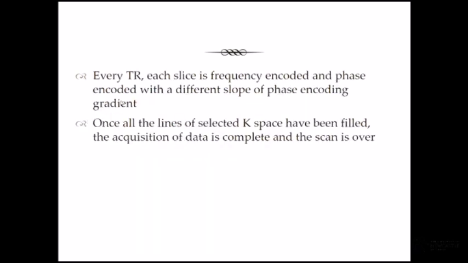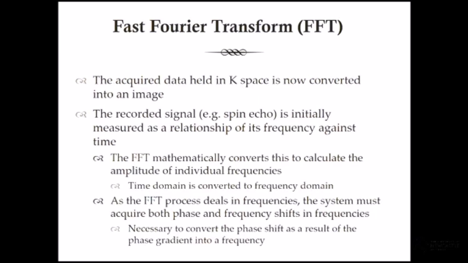So every TR, every repetition time, each slice is frequency encoded and phase encoded with a different slope of the phase encoding gradient. Once all the lines of K-space have been filled, the acquisition is over and the scan's over. So we then get all that data that we've collected into K-space and put it through a Fourier transform.